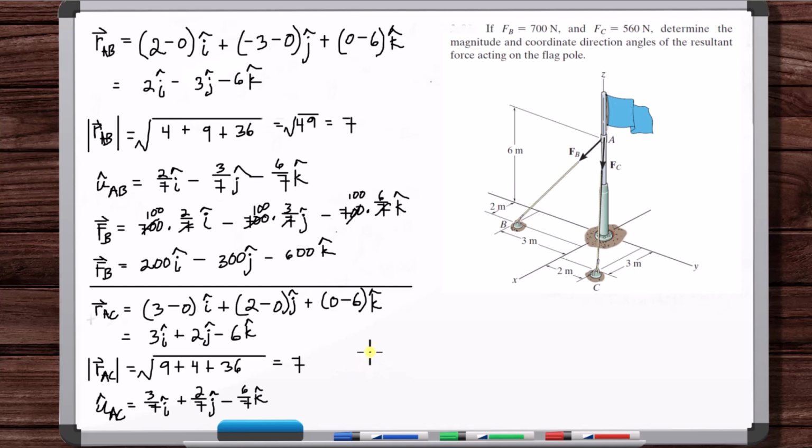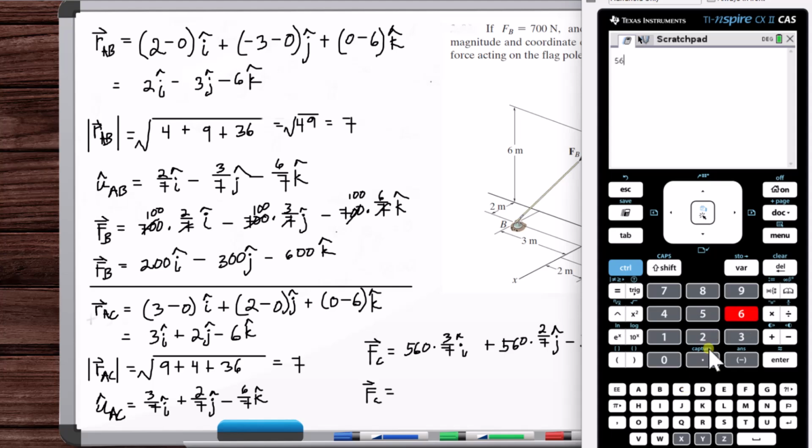So FC is equal to 560 times this unit vector. 560 divided by 7 is 80.